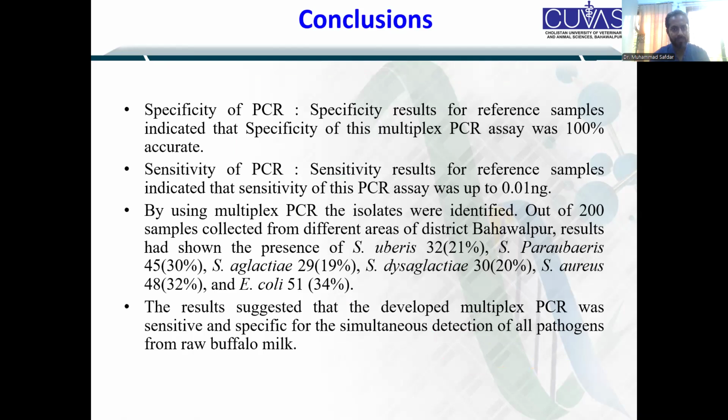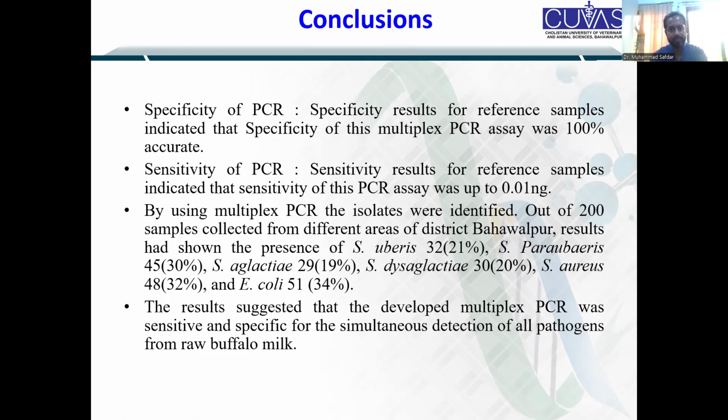Conclusion. Specificity of PCR shows that reference samples were 100% accurate. They were identified with the help of this multiplex PCR. Sensitivity results for reference samples indicated that the sensitivity of this PCR assay was up to 0.01 nanogram.